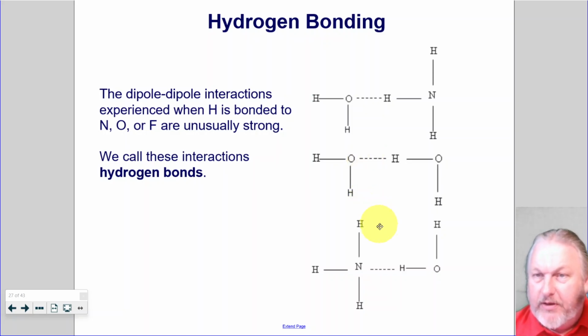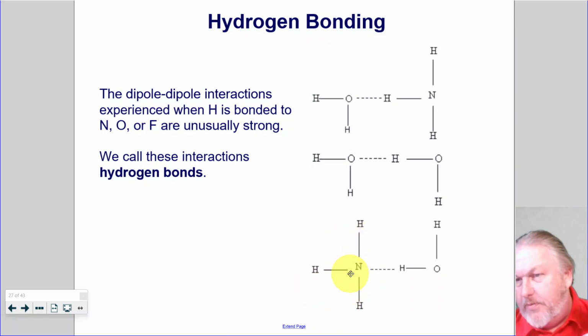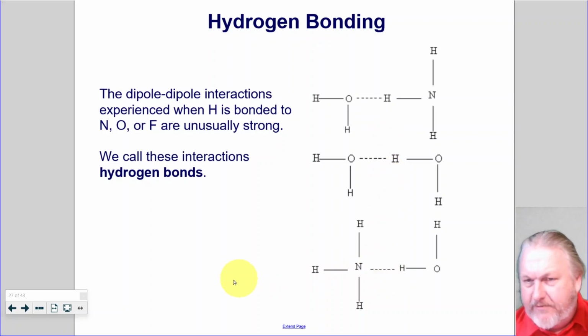And this happens whenever there's a nitrogen, as in ammonia, NH3, and water. There's a very strong hydrogen bond there. And it will happen with fluorine, oxygen, and nitrogen. And then if there's a hydrogen available, there can be a hydrogen bond.